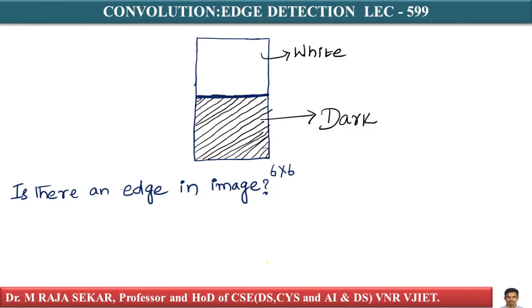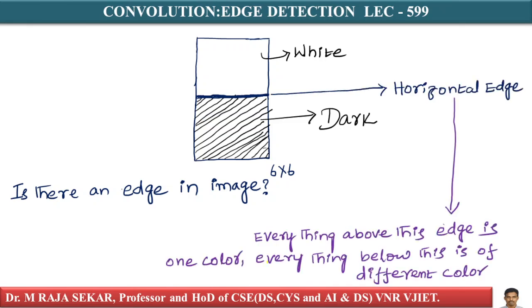There is an edge here, and it is a horizontal edge, because everything above this horizontal edge is of one color and everything below it is of a different color. So you would say that there is an edge here, isn't it?